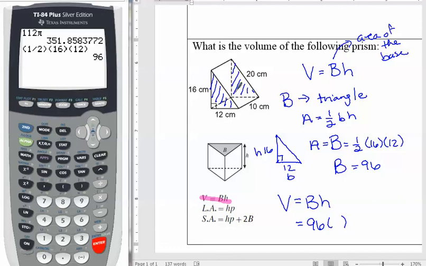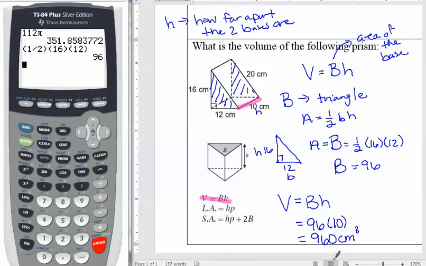Well, if I look, the height of the shape is how far apart the two bases are. So if I look at the shape again, how far apart are they? They're 10 centimeters, so that's got to be my H. When I plug that in, I get 960, and my units on this are centimeters, so it's centimeters cubed.